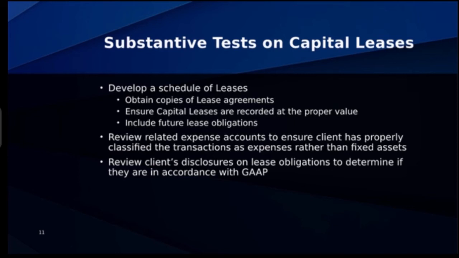So as you're looking at leases, you want to develop a schedule of all leases so that you can identify them as either capital or operating. You're going to obtain those lease agreements to verify that. Ensure those capital leases are recorded at a proper value and include any future lease obligations in the scheduled lease so you know what your future is going to be like.